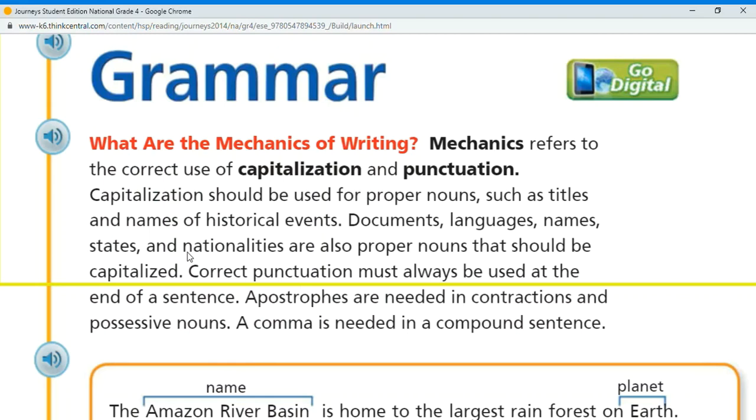Okay, so this is about capitalization. So we capitalize the first letter of each proper noun, or the initial letter of each proper noun.